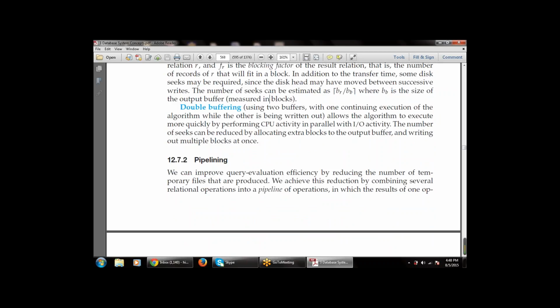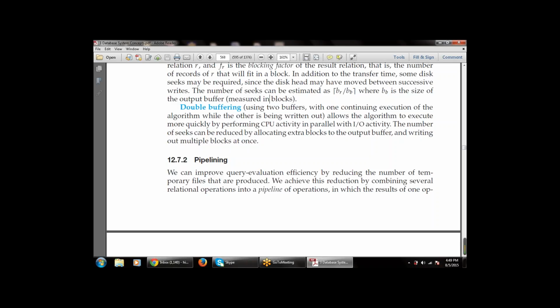We can improve query evaluation efficiency by reducing the number of temporary files that are produced. We achieve this reduction by combining several relational operations into a pipeline of operations.